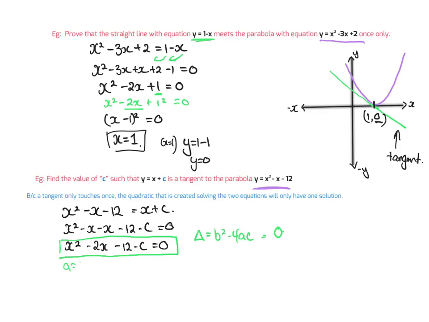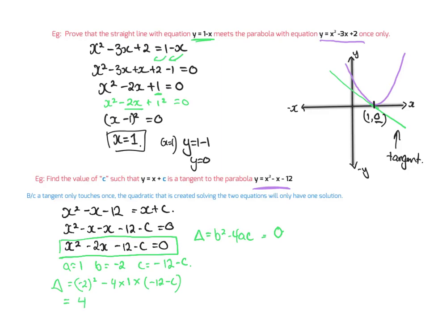So a is going to be 1, b is negative 2, and c is actually negative 12 minus c. So if we put that into our discriminant formula, discriminant will equal negative 2 squared minus 4 times 1 times negative 12 minus c.